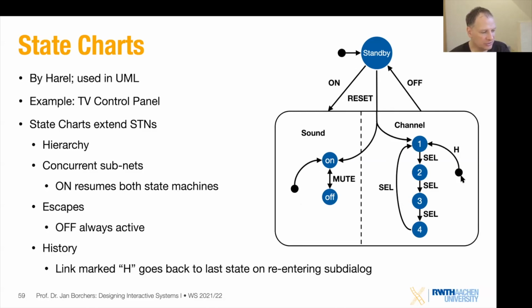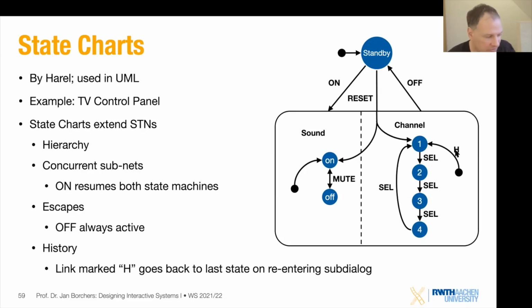But what I can also do is put an H on this, and that means the first time this part of the state chart gets activated, we start at this state. But if we ever leave, for example, because the off button got pressed, then we remember what state we were in, and next time we come back, we start again from there. So that's why it's H for history.